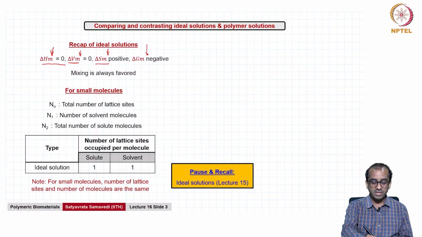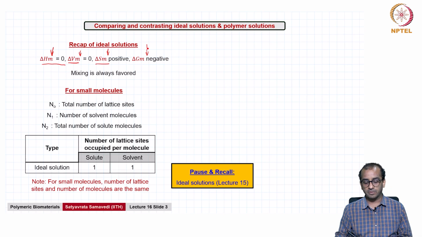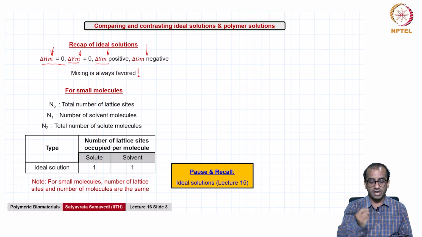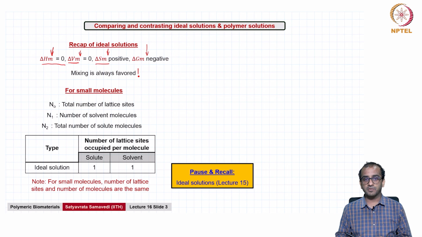Overall, that makes delta G mix a negative quantity, which means mixing is always favored for ideal solutions, because the change in Gibbs free energy favors mixing spontaneously.